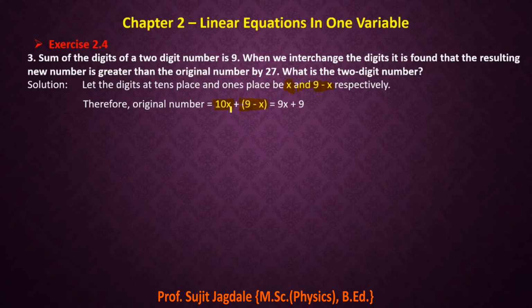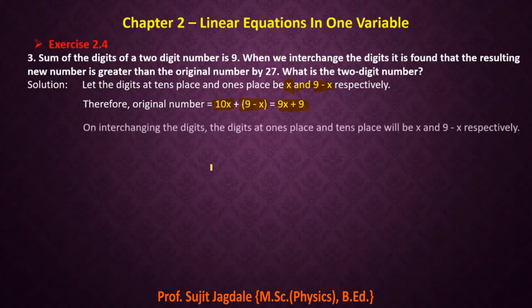So here 10 into x plus 9 minus x, and by solving this we get 9x plus 9, which is the simplified form of the original number. So the original number is 9x plus 9.